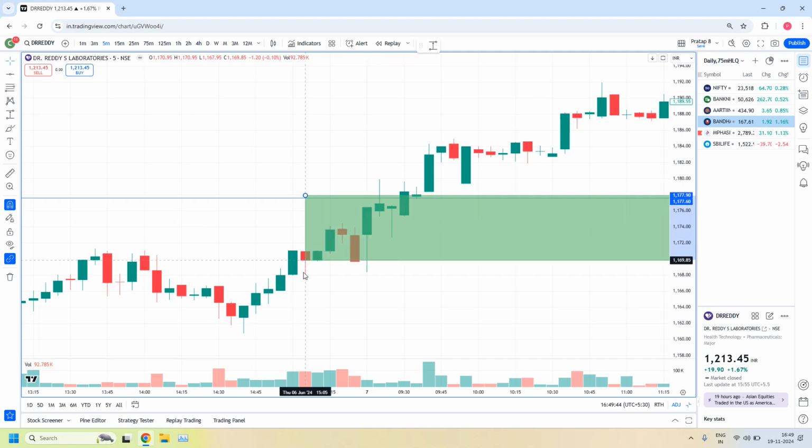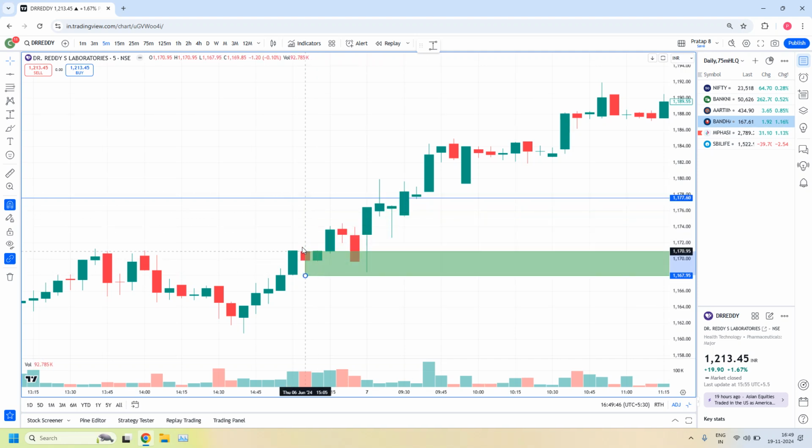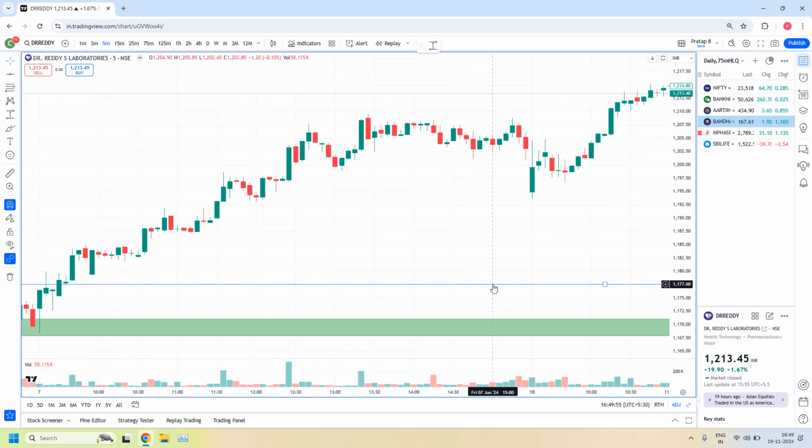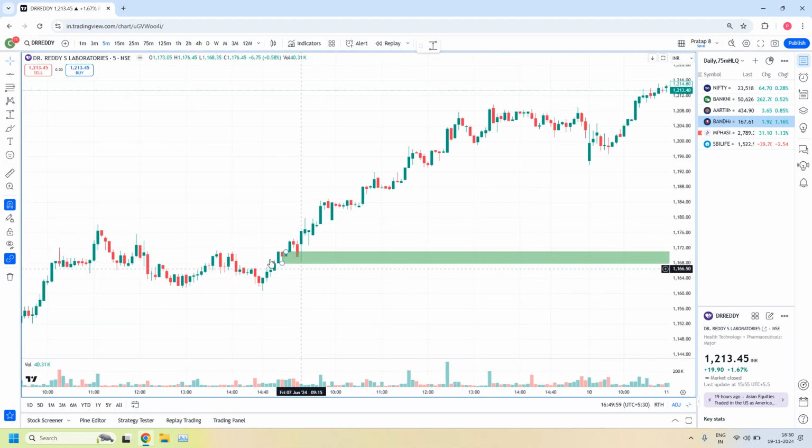Now let me adjust this one. This is the low and this is the high of this candle, and this rally, base, rally is acting as the zone. Of course, this is a fine-tuned zone because the 15-minute zone is there and also the 75-minute zone is there.